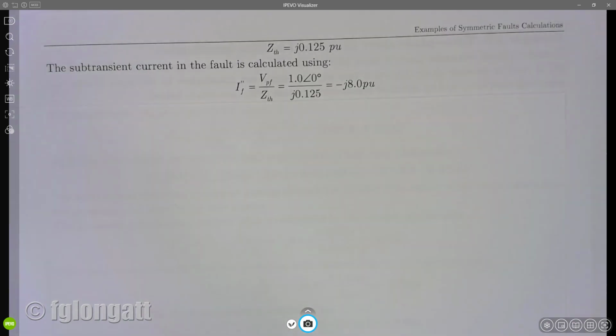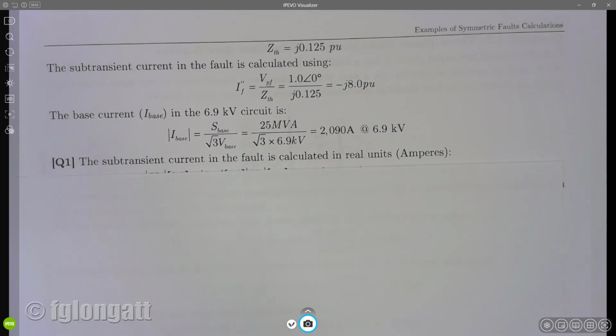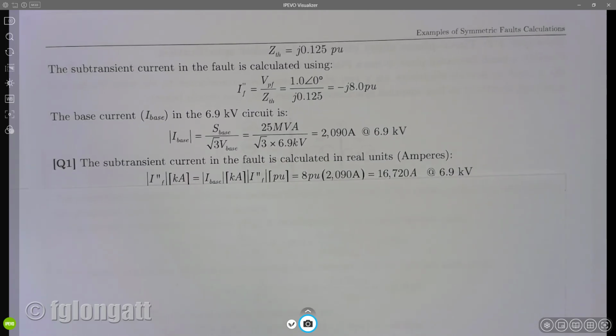Now the next step is to define that current in per unit, in amps. If we want the fault current at that point, I need to multiply by the base current. But in this case, the fault is happening at the 6.9 kV level, and as a consequence, I need to calculate the base current for that very specific voltage level.